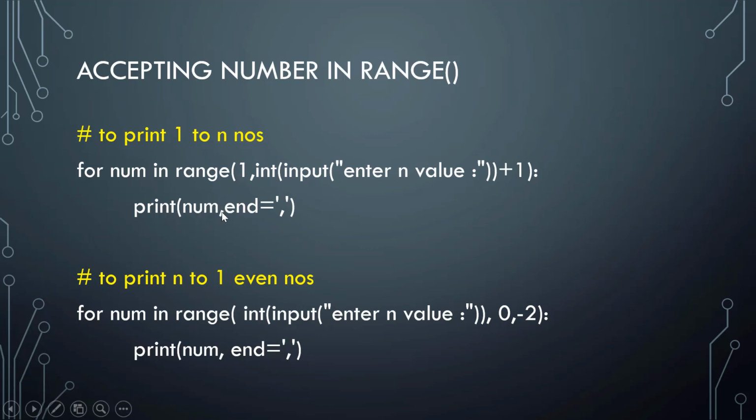Okay, let us see how to use this. Is it clear, guys? For num in range of 1 comma, instead of n plus 1, after 1 comma I'm saying integer of input of enter n value. So I'm reading the value at runtime now. Why plus 1? Because I need to go up to n, printing that num value.